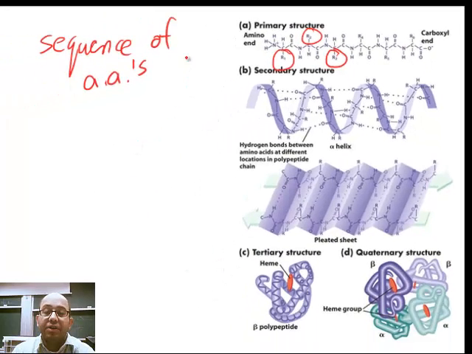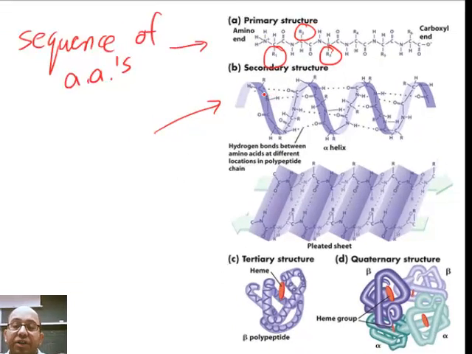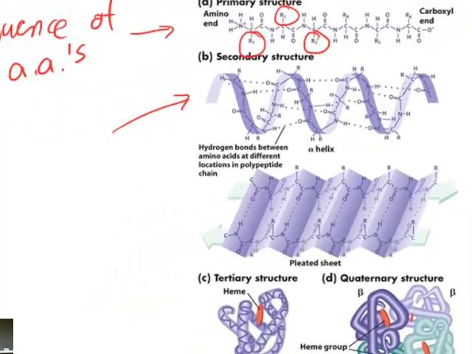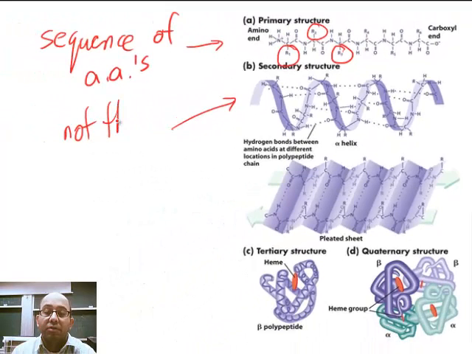The secondary structure consists of interactions of the backbone, the long chain part of the protein, not the R groups. So the R groups are not interacting in the secondary structure.